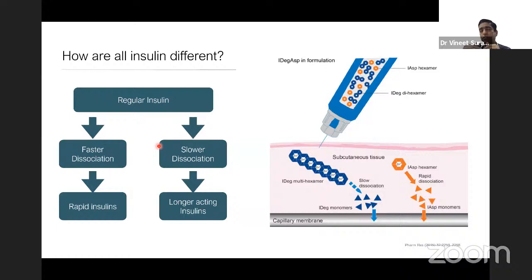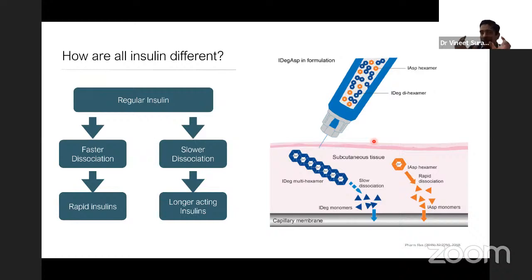These are given into the subcutaneous tissue, have a rapid dissociation from their combination, and give very rapid insulin into the bloodstream. Whereas there is a slower dissociation, where the insulin remains in the subcutaneous tissue for a prolonged time and the insulin molecule dissociates slowly from its combination. So these are basically the longer acting insulins.